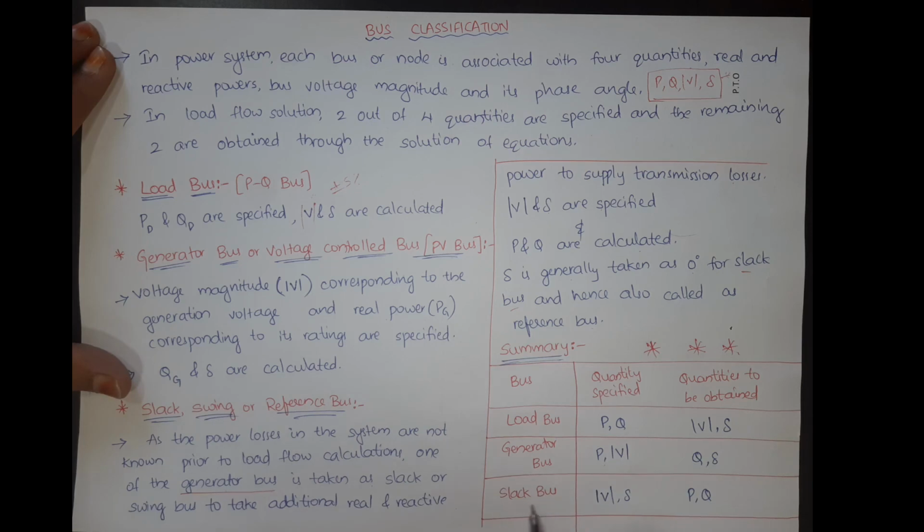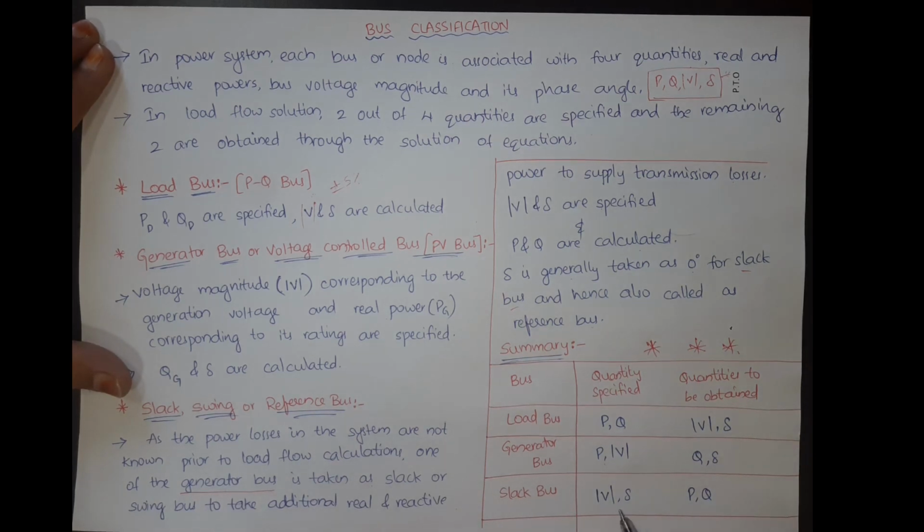Coming to the slack bus or swing bus or reference bus, quantities specified will be magnitude of V as well as delta, and quantities to be obtained will be P and Q. So this is about the bus classification in a power system, right?